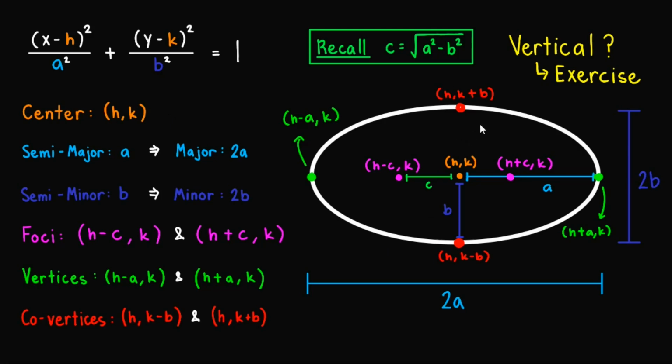You'll just consider an ellipse that is oriented vertically, and then there would just be some minor changes in the foci, the vertices, and the co-vertices, since like in the foci, instead of subtracting and adding c in the x-coordinate, we instead do that for the y-coordinate, since we know that the foci for a vertically oriented ellipse is along the y-axis. But the answer would be revealed in the next video. It's a good exercise to try out if you truly understand how this works.